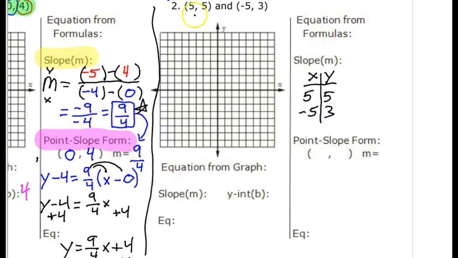And reduce that. Up 2 over 10 would be up 1 over 5. Got to reduce it. Let's look at this. 5, 5 would be like right up here. Negative 5, 3 would be right here.